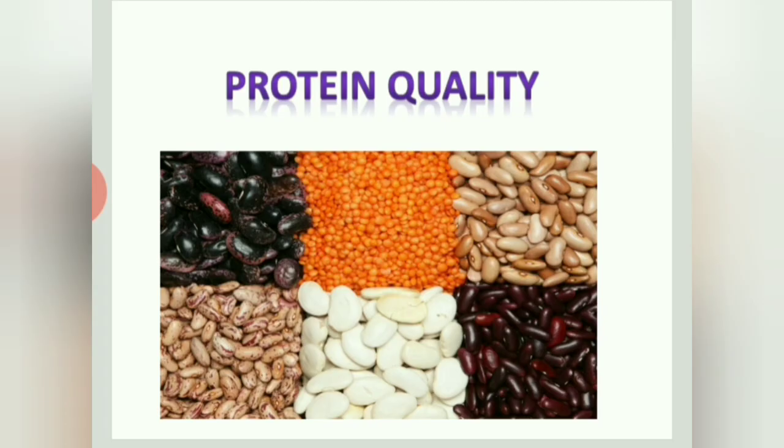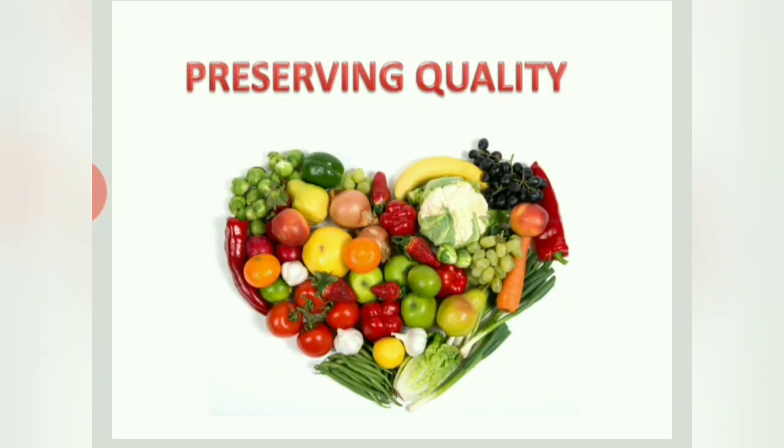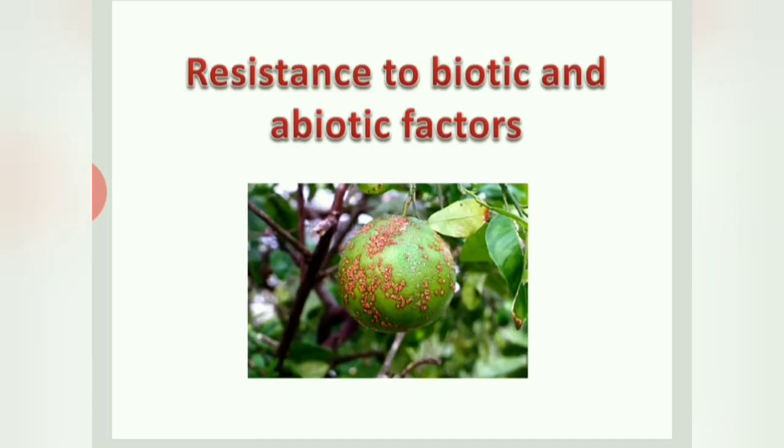Likewise, protein quality is important in pulses, oil quality in oil seeds, and preserving quality in fruits and vegetables. So quality will differ from crop to crop.